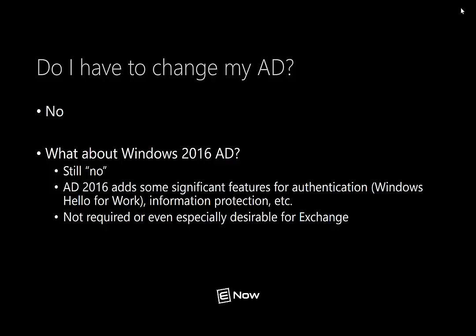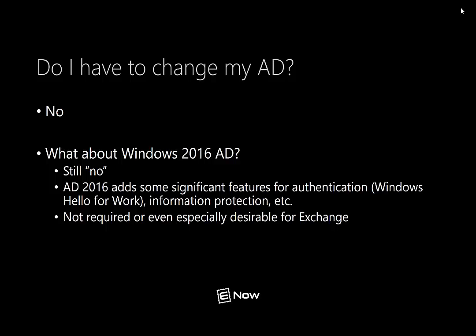Do you have to make any changes to your Active Directory? Now, this is a really tricky question. The reason I say that is that people often make the assumption that the version of Active Directory and the version of Windows they use have to be the same. And the fact of the matter is they don't.